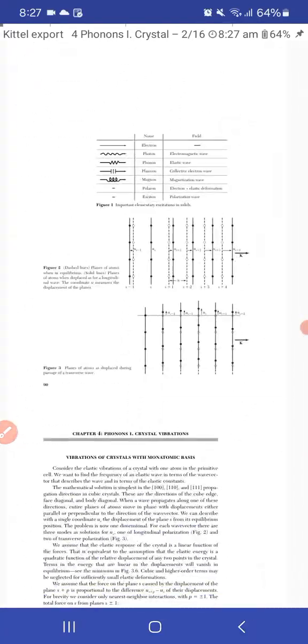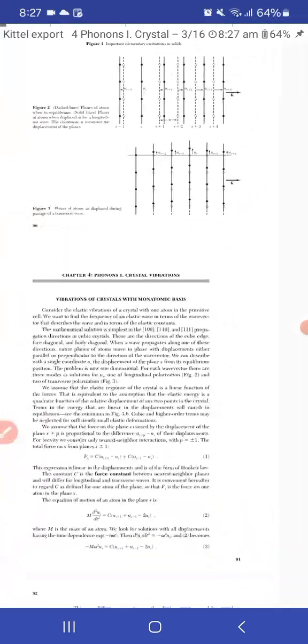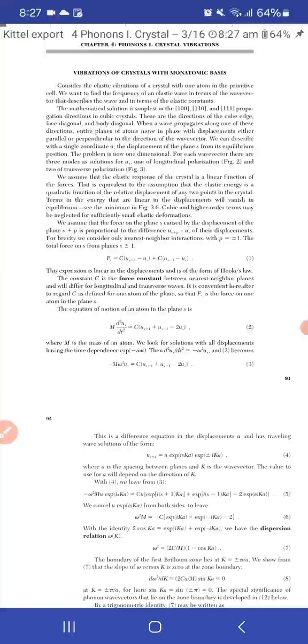Figure 3.6. That is the quadratic function for relative displacement.